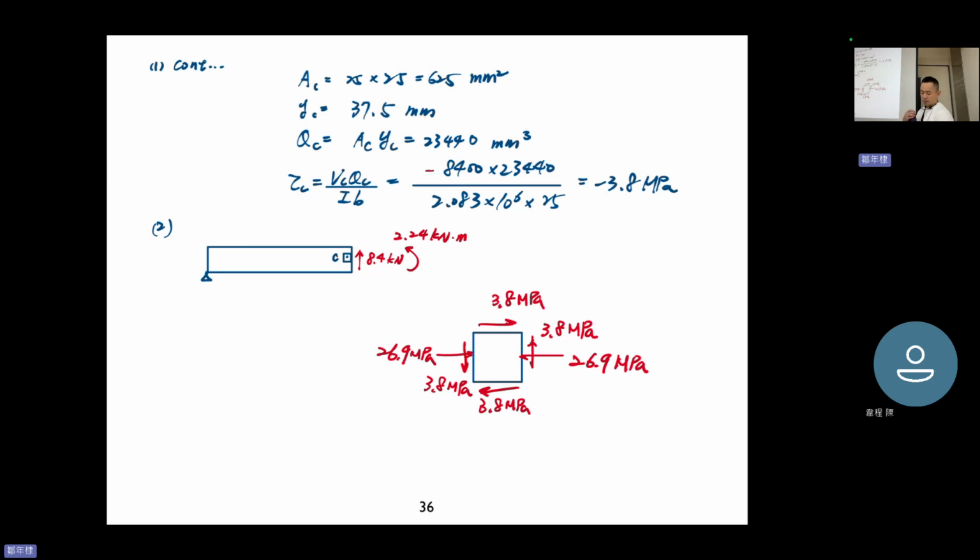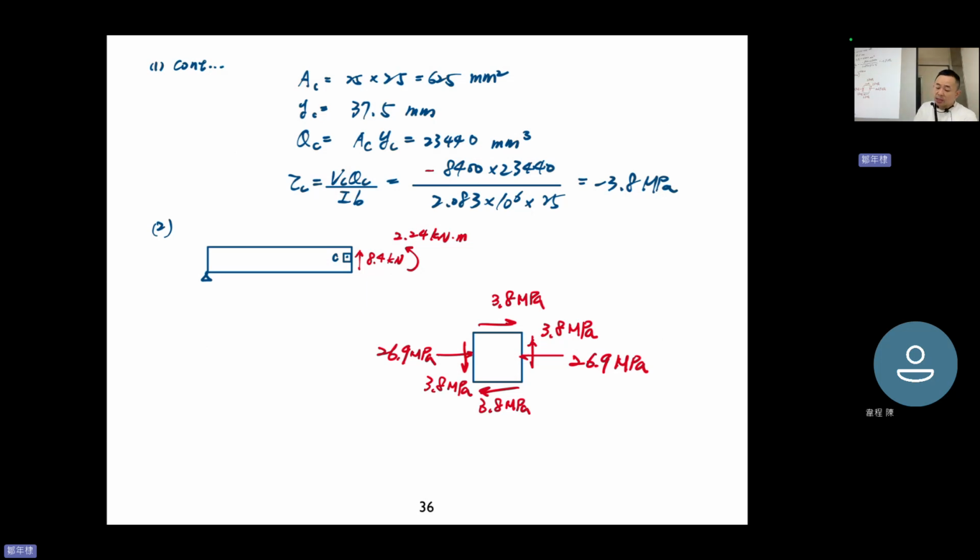We can understand the stress distribution in this material. If you can understand this, we can continue our lecture to see the circular cross-section.